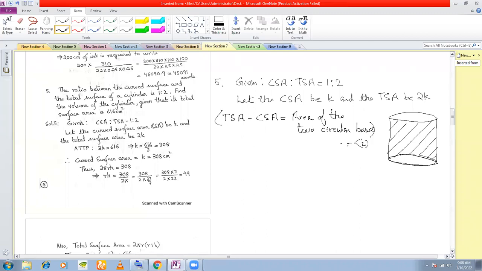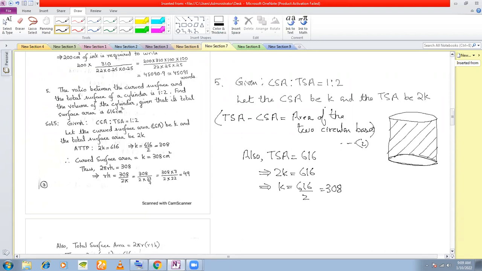Also, what is given to you here is that the total surface area is 616. So also the total surface area is given to be 616. That means 2K is 616. That means K here is 616 divided by 2, which is equal to 308, right?